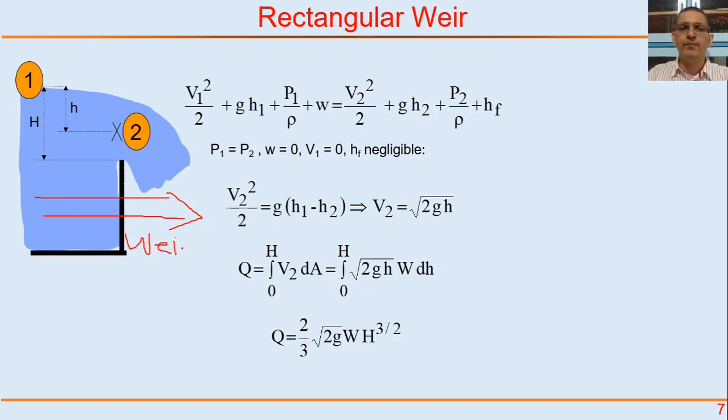Now flow will go over the weir. Now I can apply Bernoulli equation between 1 and 2, right? Both are open to atmosphere, so P1 and P2 will cancel out. No pump, no friction, very little friction. H1 minus H2 is now small h, this height.